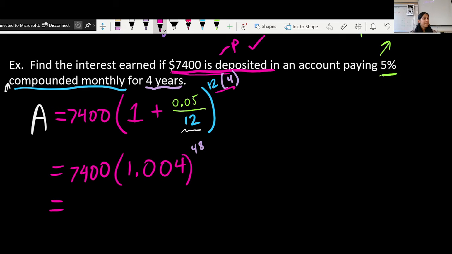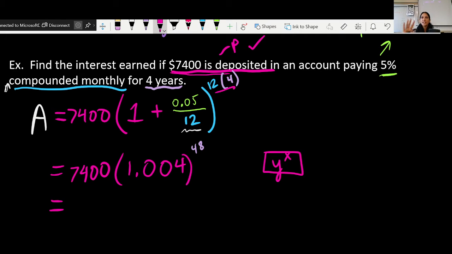The exponents, right? So we would want to do, and now I don't know if you've done this before, and this is going to be different on each calculator. On your calculator, you would punch in 1.004, and then some of you might have a button that says y to the x on it.